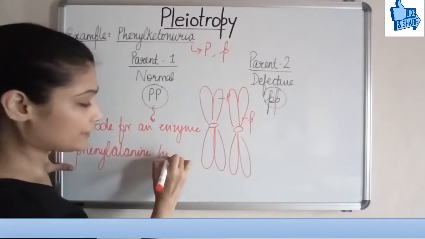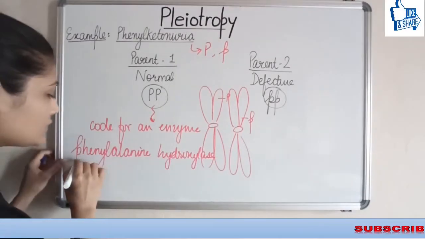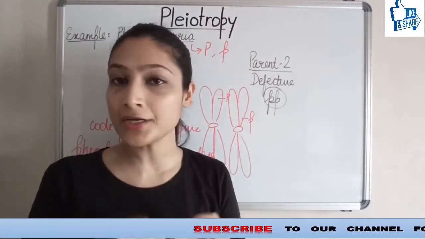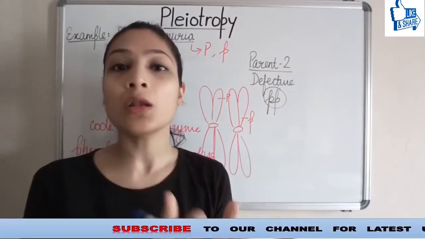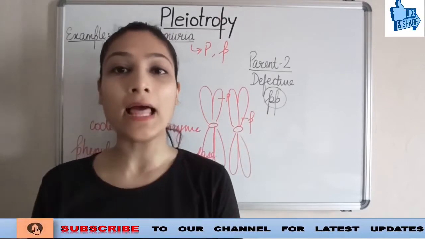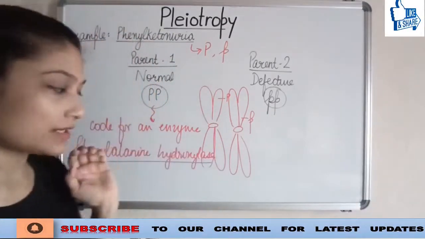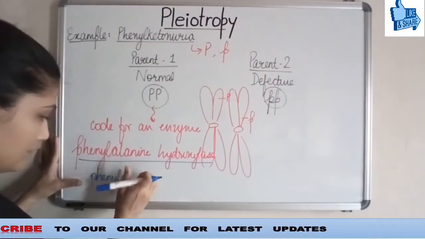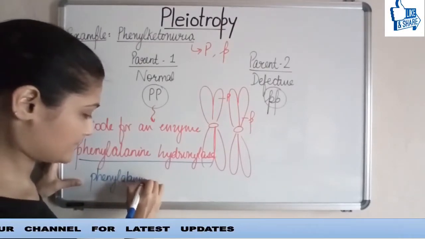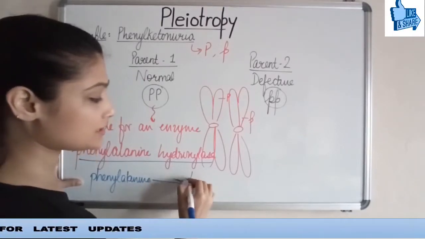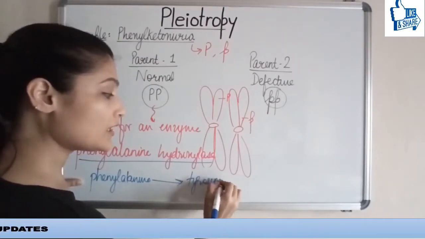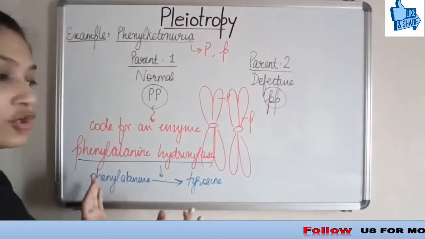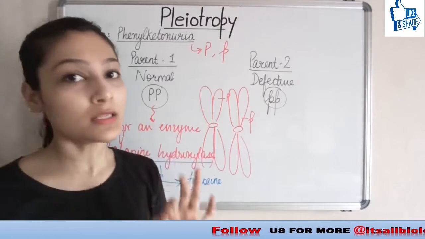This phenylalanine hydroxylase in normal cases, when it is produced, it converts phenylalanine into tyrosine. So phenylalanine gets converted into tyrosine in the presence of this enzyme. This we are talking about a normal case.